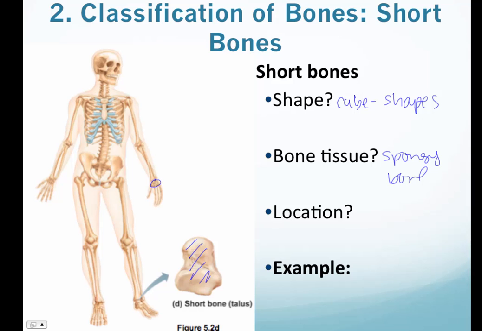So these bones over here and these bones over here. In a couple of examples, we have carpals. So the wrist ones, these are called carpals. And the ones comprising our feet, the short bones of our feet, these are called tarsals. Tarsal bones.